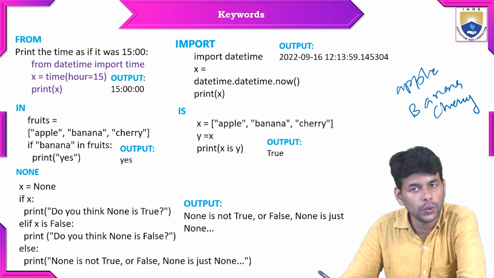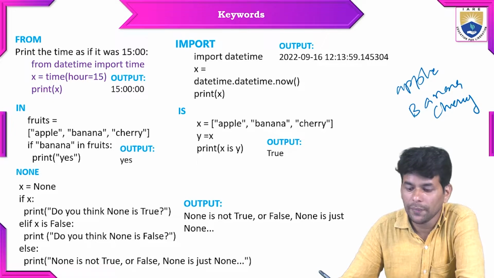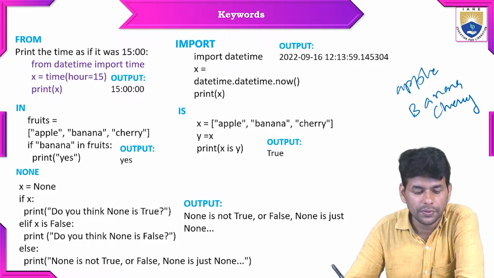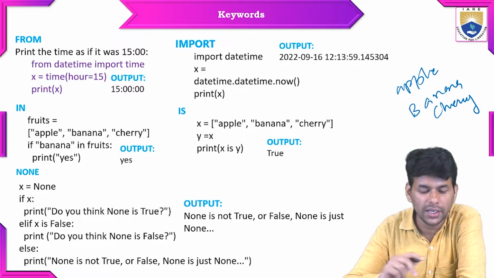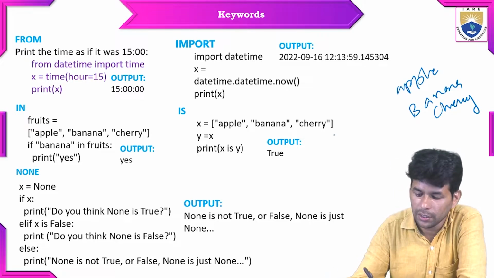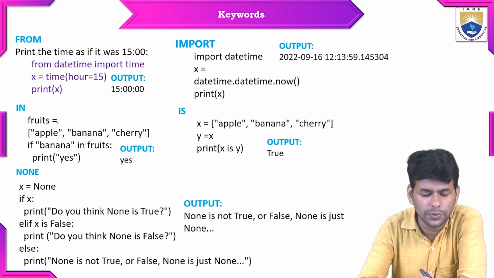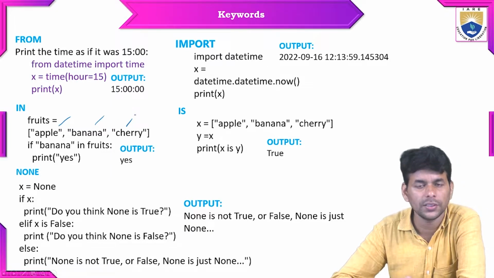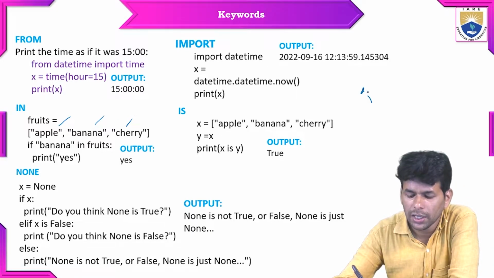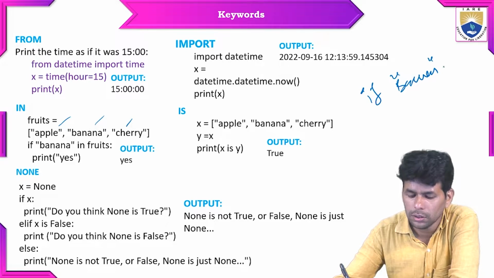Then what I am going to do here: I am taking one condition. For working with conditions, I have one keyword, which is called the if keyword. So I am writing one condition: if banana in fruits. I have three fruits in my list, and I am writing a condition that if banana is in fruits.